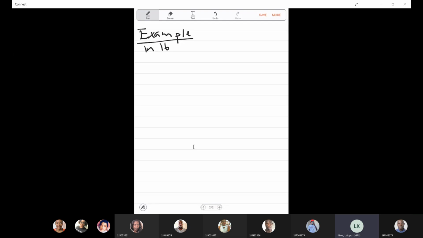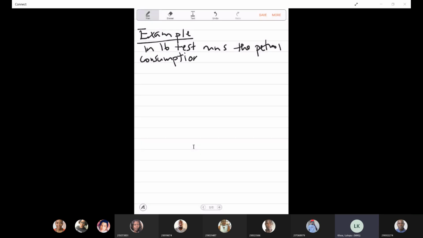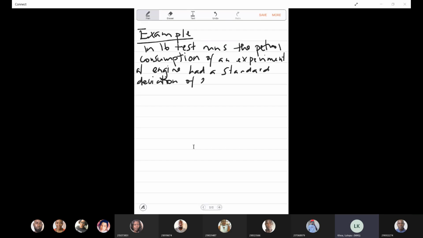Okay, in 16 test runs, petrol consumption of an experimental engine had a standard deviation of 2.2 liters.